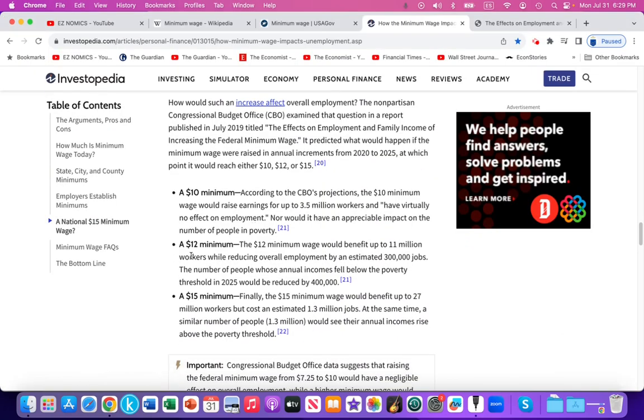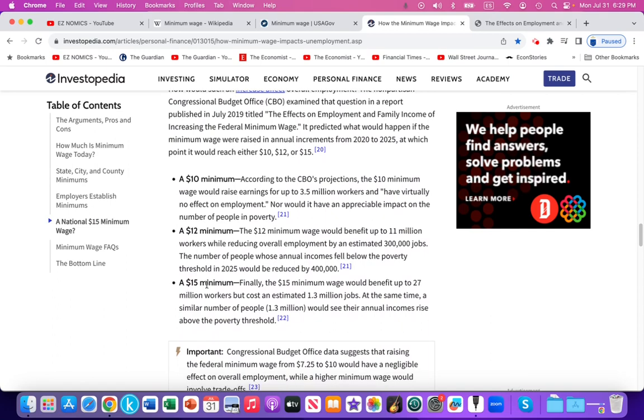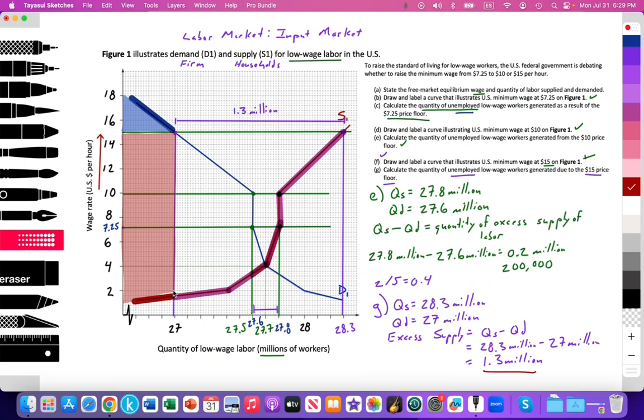Then it looked at what would happen if you raised it to $12, and ultimately what would happen if you raised it to $15 an hour. What's interesting is that when you raise it to $15, according to this study, it would benefit 27 million workers, which is what I illustrate here, 27 million workers offering their labor, a big boost in their producer surplus.